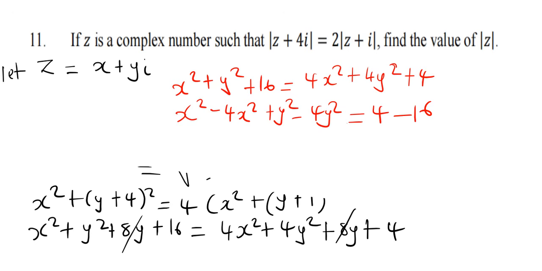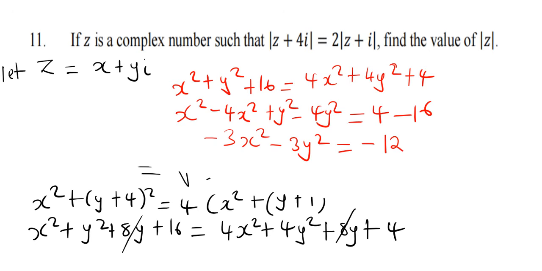Okay, now that I've got this, I can now solve negative x squared minus 4x squared. I'm just going to have what? Is it negative 3x squared? Then the other one, I'm going to have negative 3y squared is equal to negative 12.